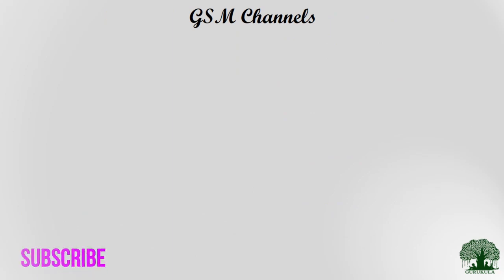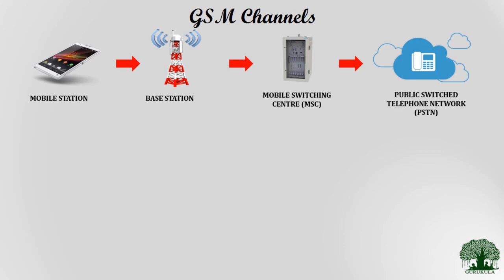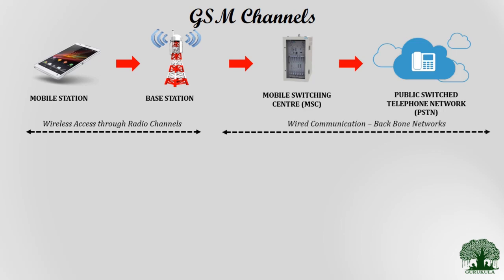So now we will see something on the GSM channels. To start off our discussion of the GSM channels, I will take the very basic components of the GSM architecture, the 4 components. We very well know that these two interfaces, that means the mobile station and the base station, are interfaced with a wireless access, and the rest of the part is wired communication, which we call backbone networks.